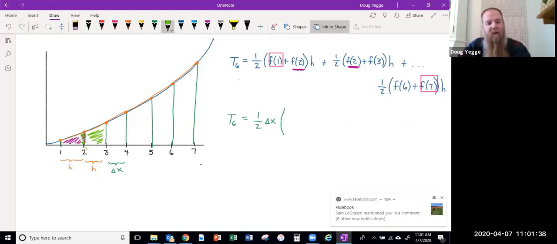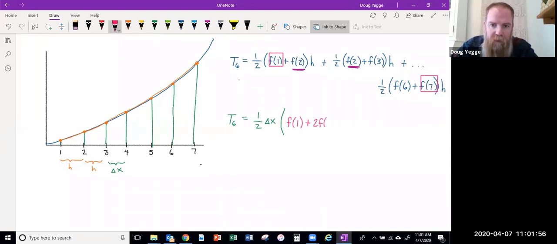So every interior x value is going to be used twice, which is why the formula is simply going to be f of the left endpoint plus 2 f of every interior endpoint. And that's why all those interior ones are simply being multiplied by 2. And for the last one, again, it's back to a coefficient of 1.